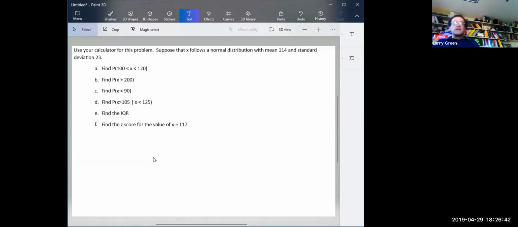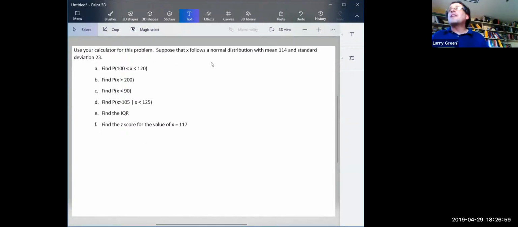Okay. So now it says use your calculator for this problem. We still need to draw a picture because I do want you to draw pictures. And on your midterm and final, you have to draw pictures when there's a normal curve. So make sure you can do that because I'll have you do that for the test.